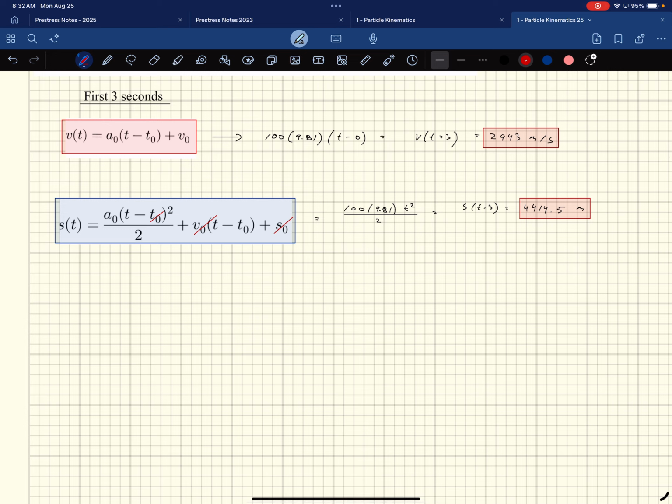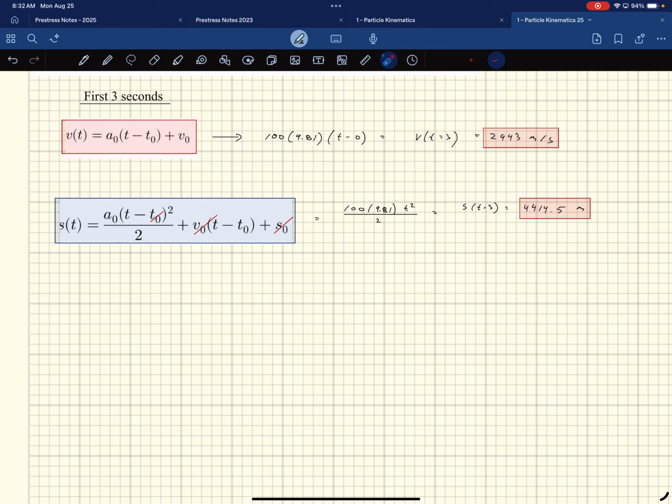Okay, so now I know what my velocity is after the first 3 seconds, and then I know what my position is after the first 3 seconds. Okay, so when we switch over to the other part of the problem, where we have the deceleration, we're going to have initial velocity and we're going to have an initial position when we're in that section, right? My initial velocity and my initial position will be these two, right? Because that's how fast it's going when it's starting to decelerate, okay?